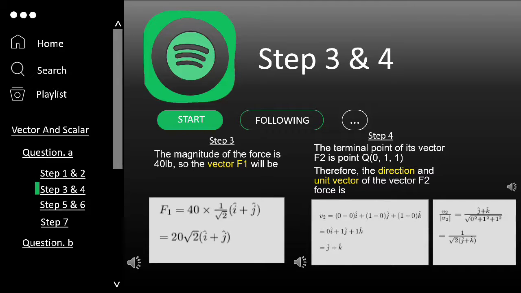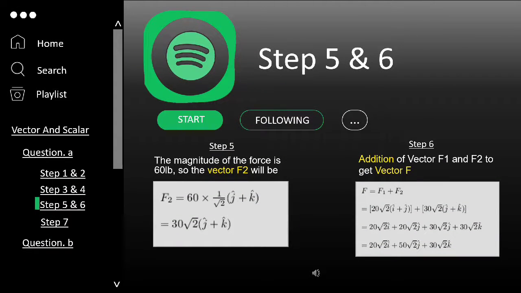The answer is J plus K. V2 divided by the magnitude of V2 equals J plus K divided by square root of 0 square plus 1 square plus 1 square. The answer is 1 divided by square root 2 (J plus K).